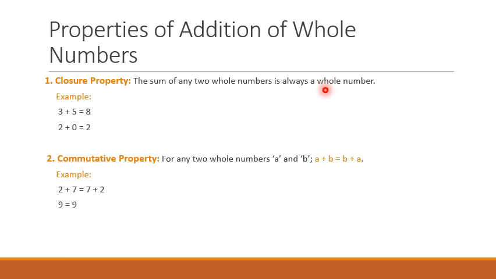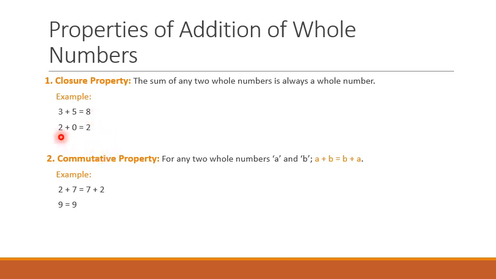Let's understand this closure property with the help of a few examples. Say I take two numbers, 3 and 5. 3 plus 5. Both 3 and 5 are whole numbers. If I add them, I get the answer 8. So 8 is also a whole number.